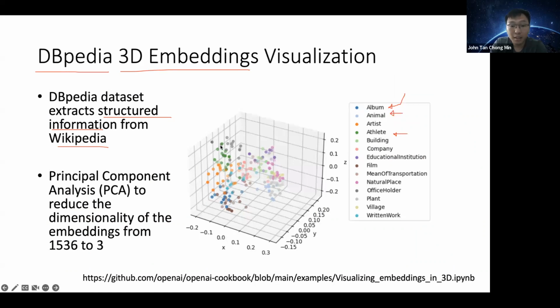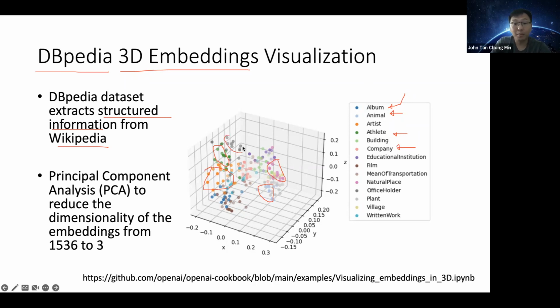You can see the green ones appear together, the blue ones appear together. They use PCA, principal component analysis, to reduce the dimensions from 1536 to 3 dimensions. Then we can visualize the embedding space and how similar it is to the category. So it is really quite similar.